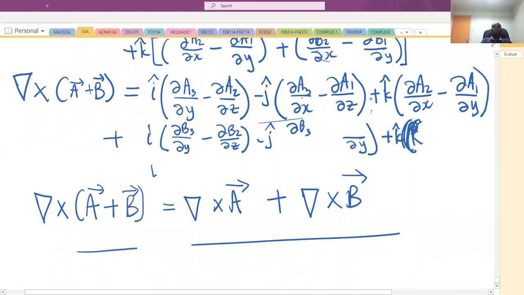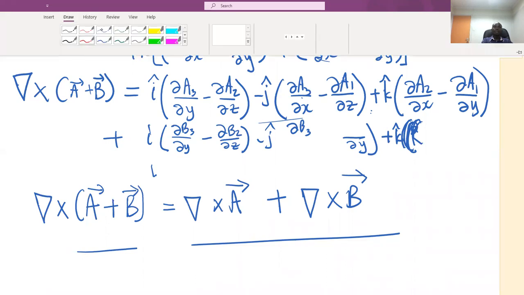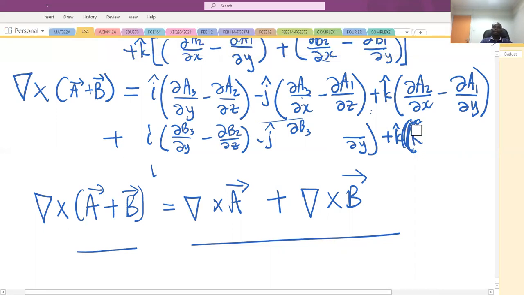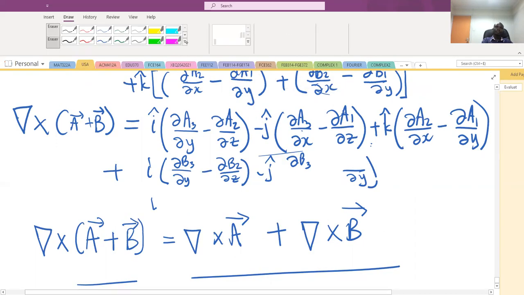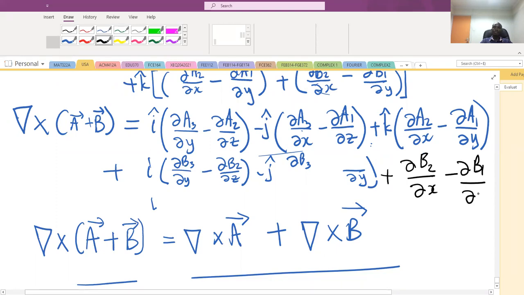So remember, this is partial B2 partial x minus partial B1 partial y.